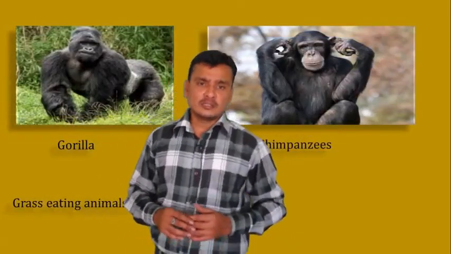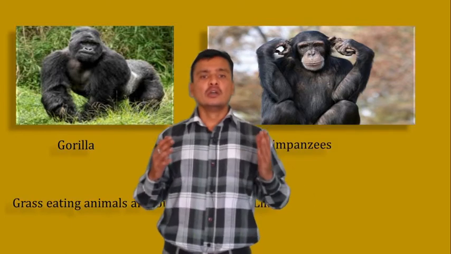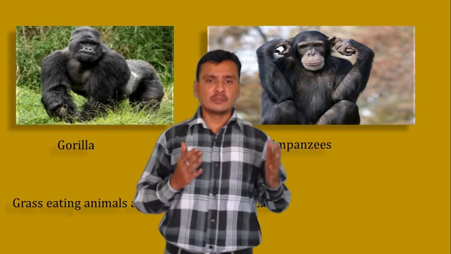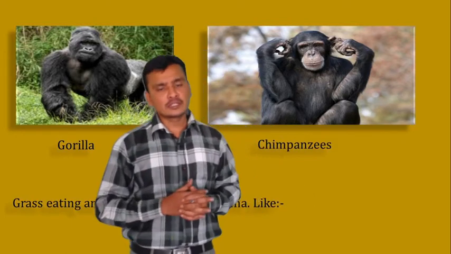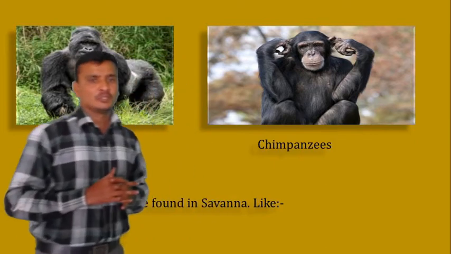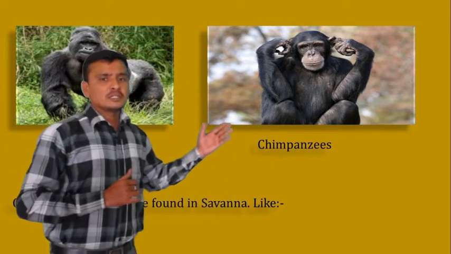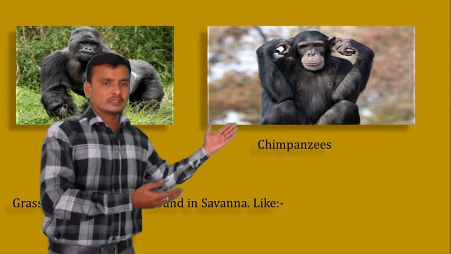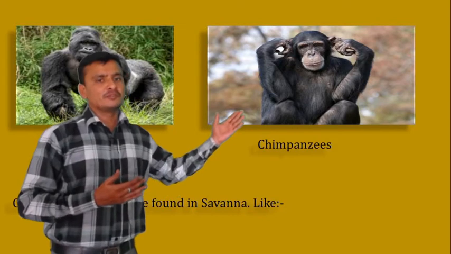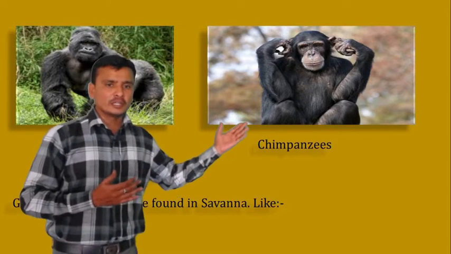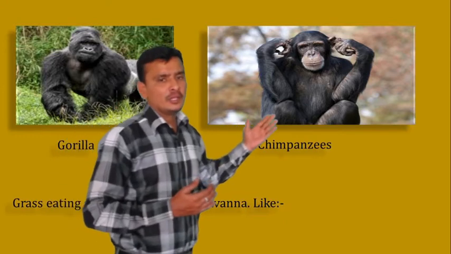Then gorillas, we find the gorillas also in large number there, and next are the chimpanzees. Chimpanzees are just like the apes, and are also an important feature of the African continent and African wildlife.